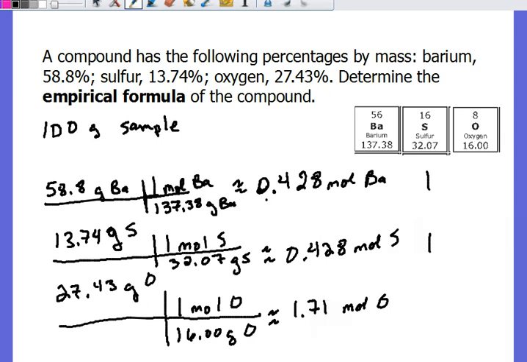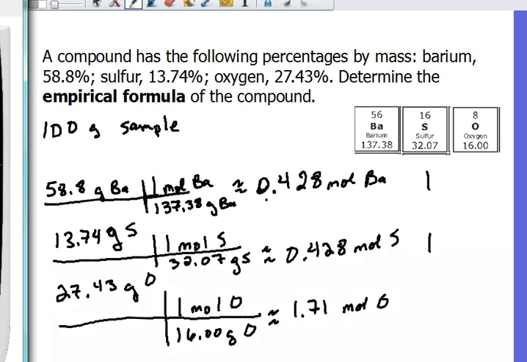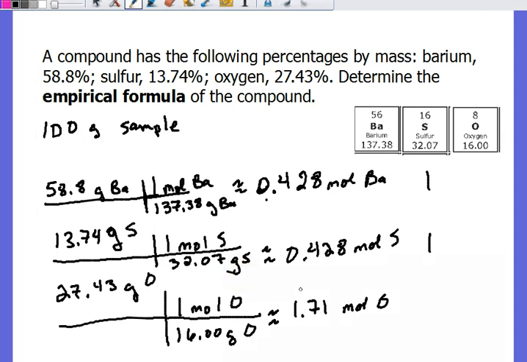If you want to use your calculator for that, you have 1.71 divided by 0.428, and that equals 3.999 or whatever, which is approximately 4.